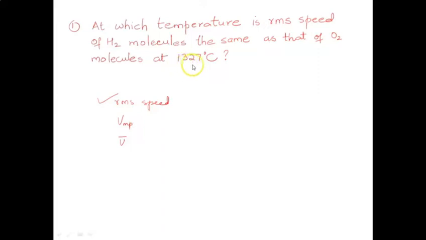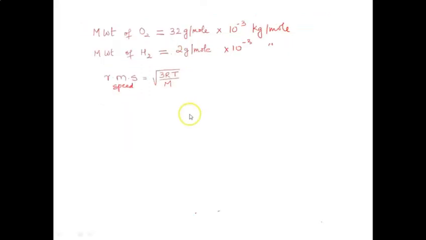The temperature of the oxygen is 1327 degrees centigrade. You have to add 273 to that temperature, and you get 1600.